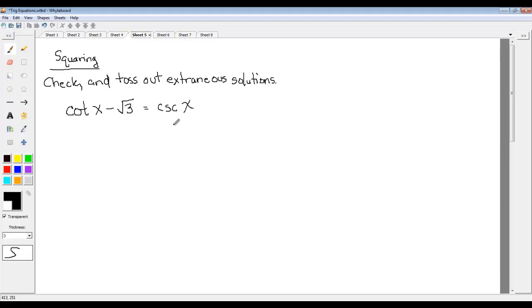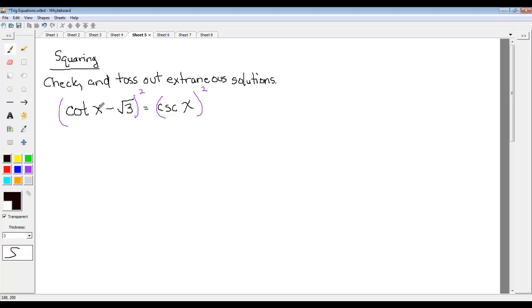And that might get tricky having a fraction with sine on the bottom. But you know what? I do have an identity I know of where cosecant squared x would equal 1 plus cotangent squared x. And since I already have a cotangent here, maybe if I square both sides, I can then turn this into something where I can apply a known identity.